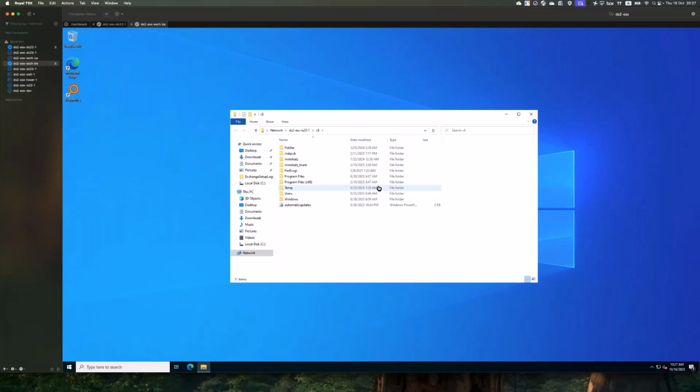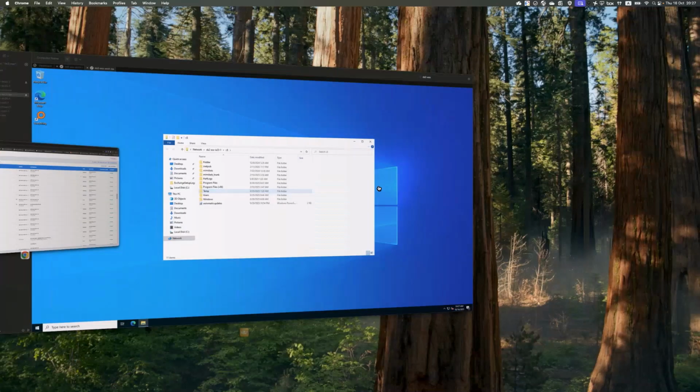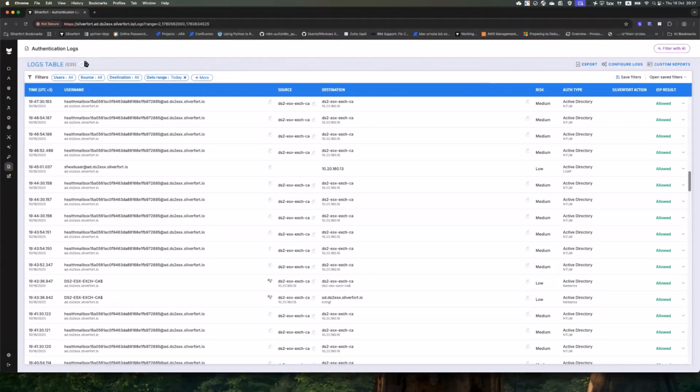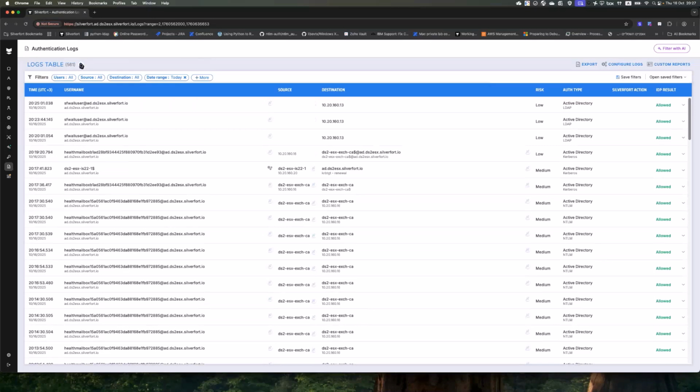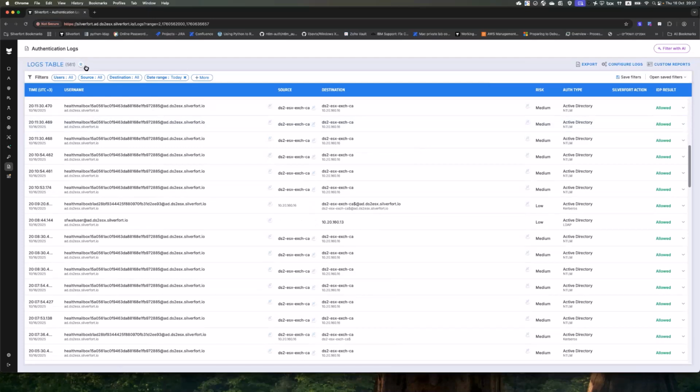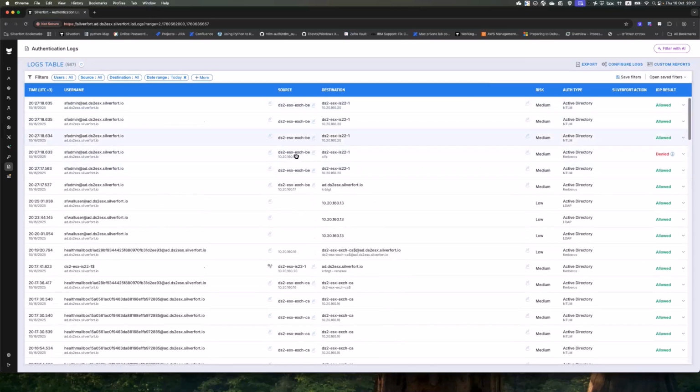However, if I go back to my Silverfort and refresh, you will see in a few seconds, let's see if it works, that Kerberos was denied.